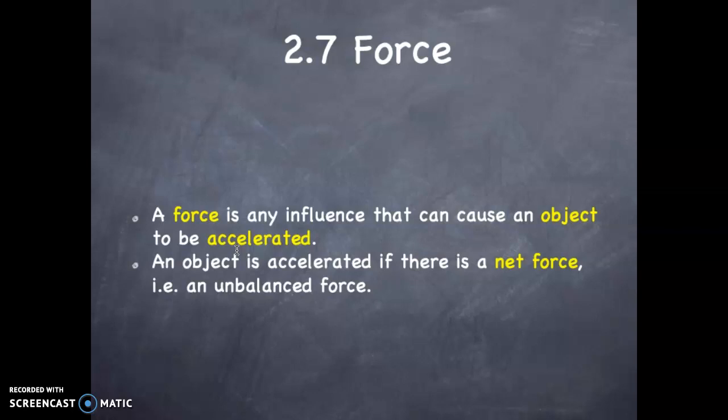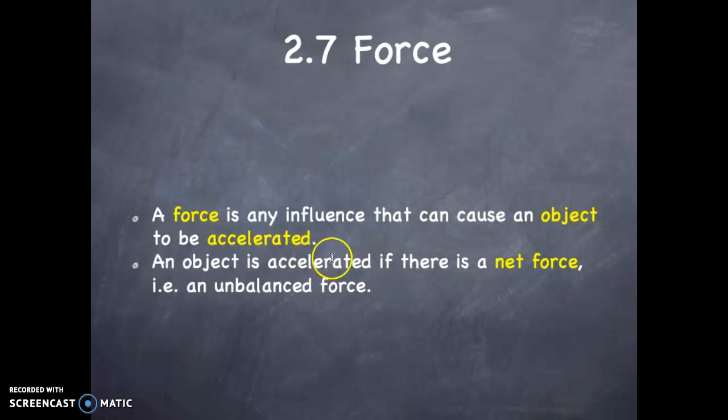So what causes a change in velocity? It must be a force. So therefore, the acceleration is what registered the change in velocity. So there's a force that's related to the acceleration that is causing the change in velocity.